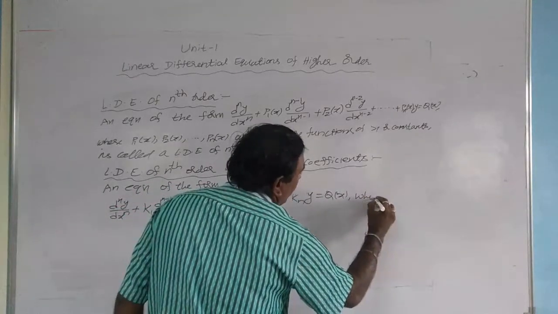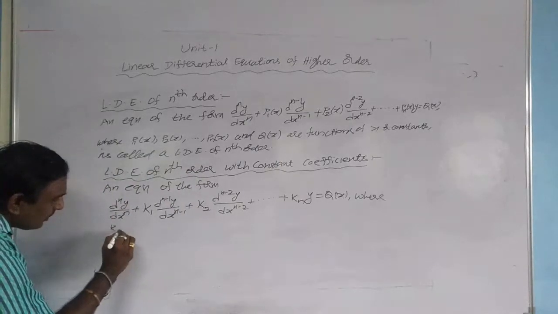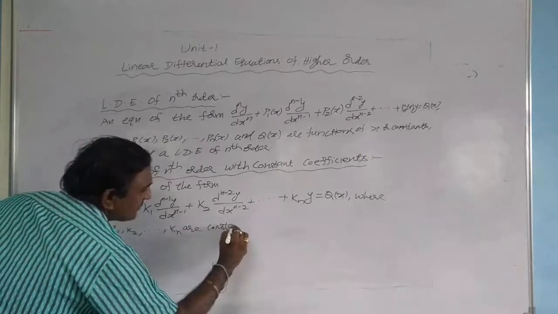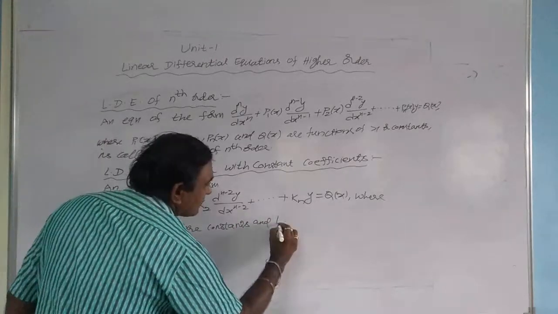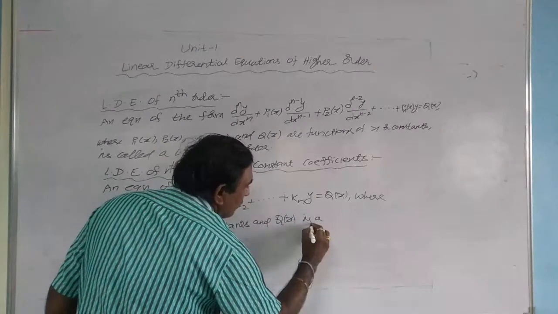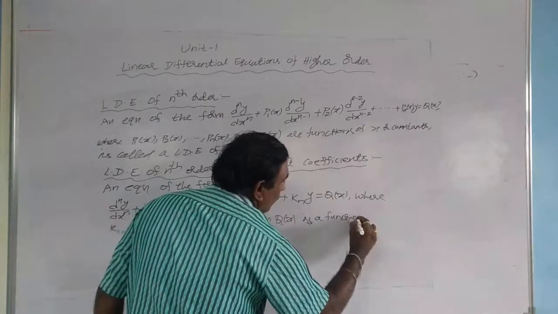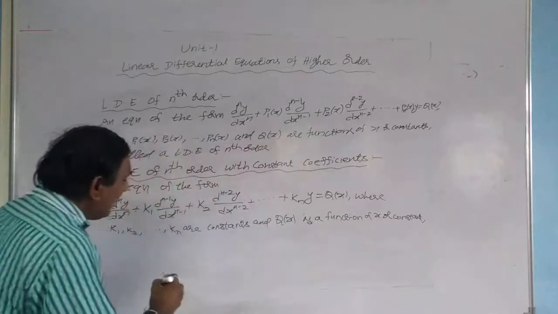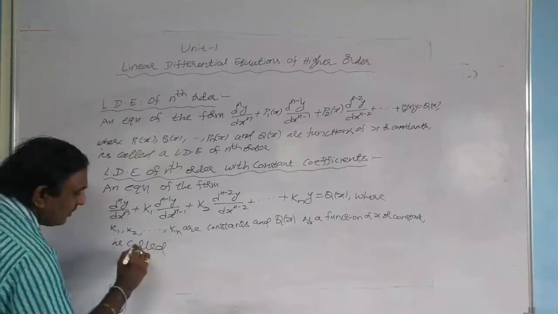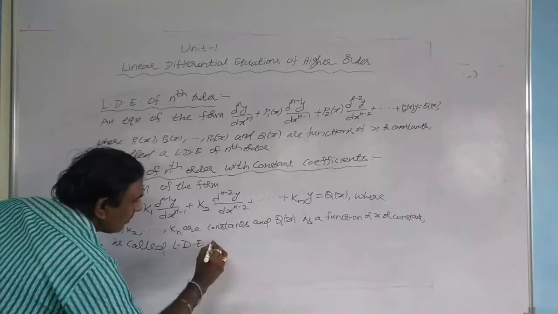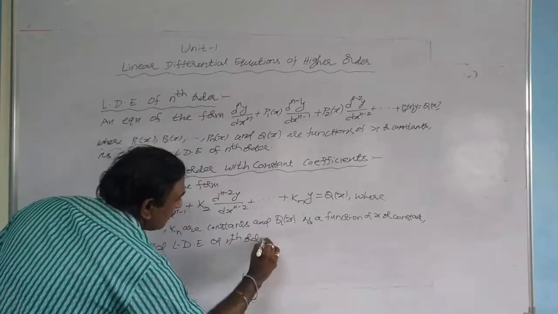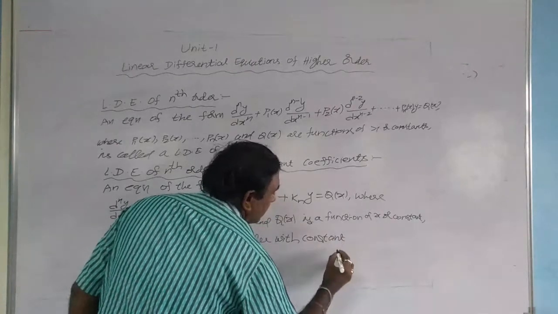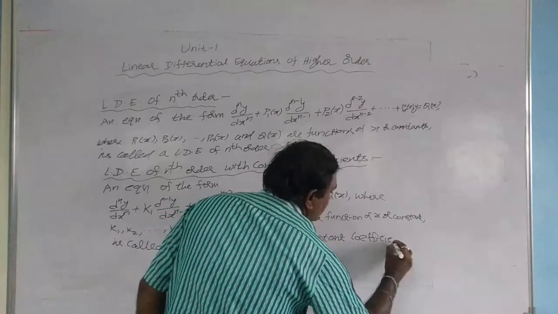Where k1, k2, and so on kn are constants and q of x is a function of x or constant, is called a linear differential equation of nth order with constant coefficients.